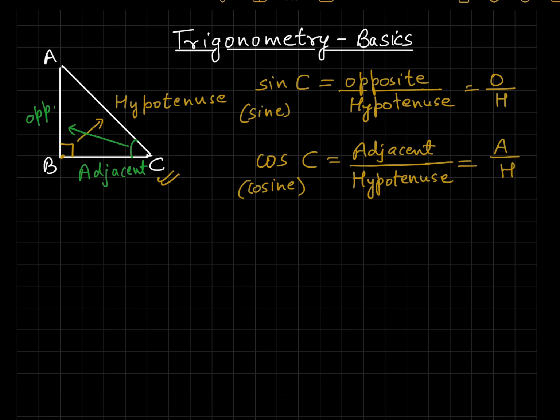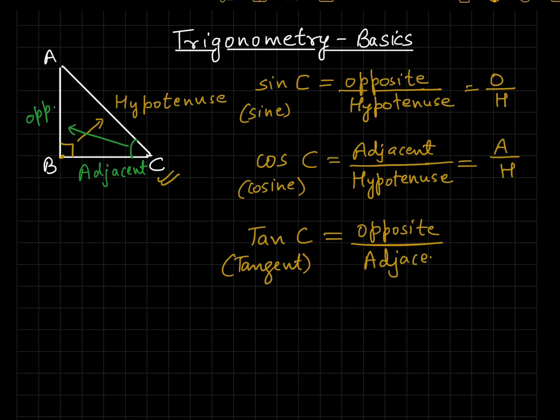Then we have another ratio, which is tan of C, the full form is tangent. Tan of C is nothing but opposite over adjacent. We write it as O over capital A.